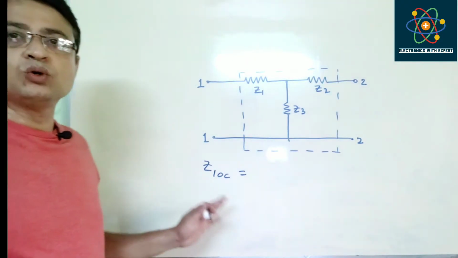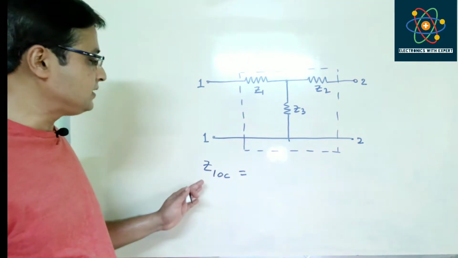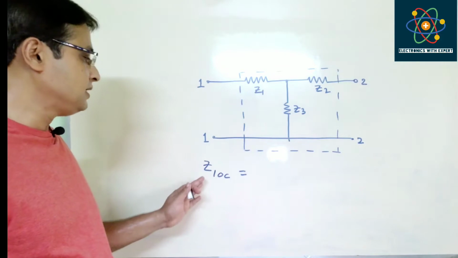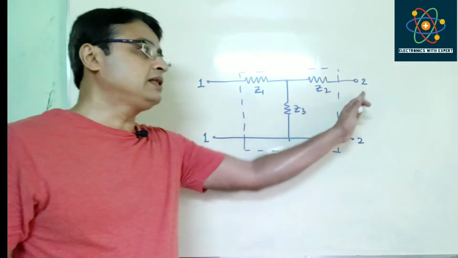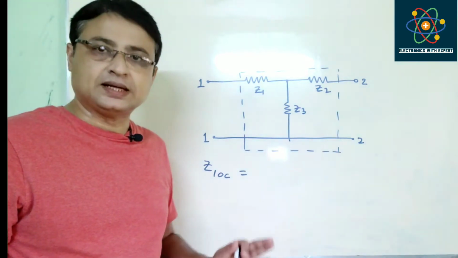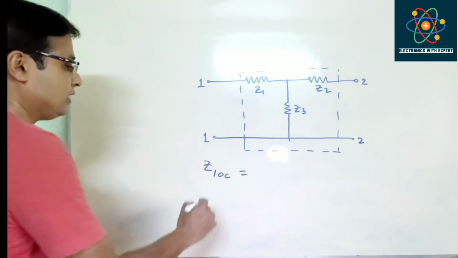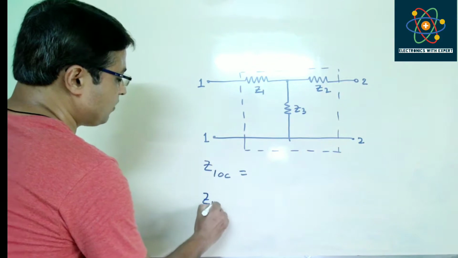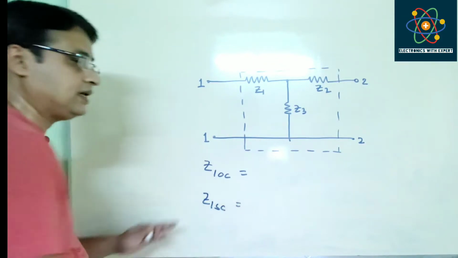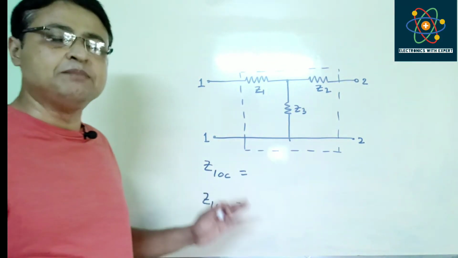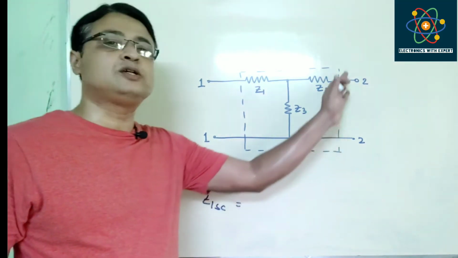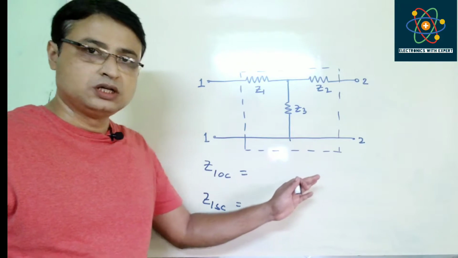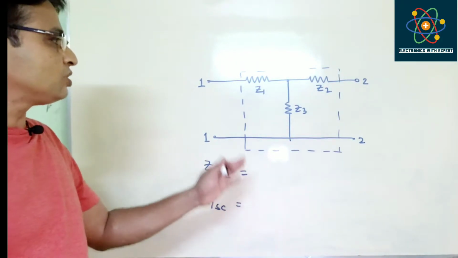Z1 OC means the impedance we have to find at port 1, 1 while making the 2, 2 terminals open circuited. Next we are going to measure Z1 SC. What is Z1 SC? Again the impedance at the 1, 1 terminals while making the 2, 2 terminals short. Let us find Z1 OC first.